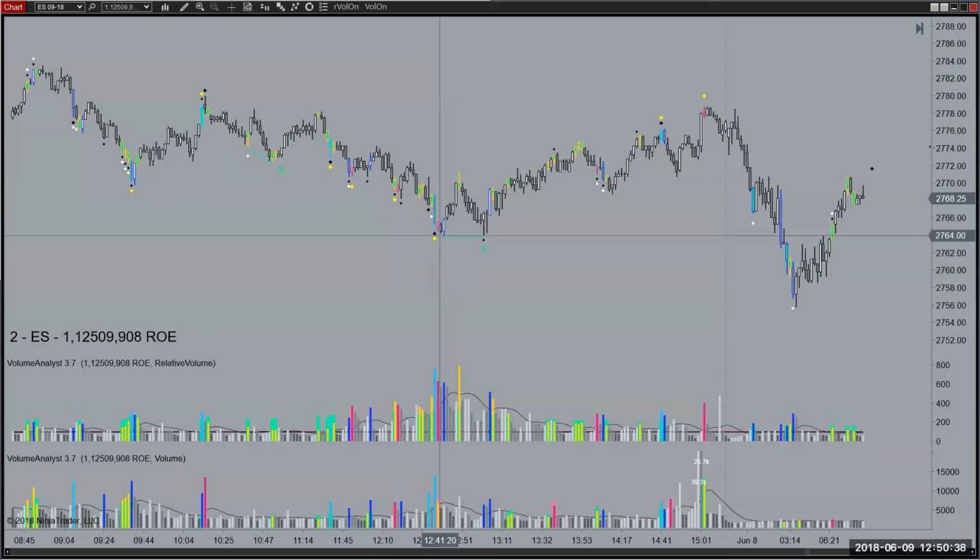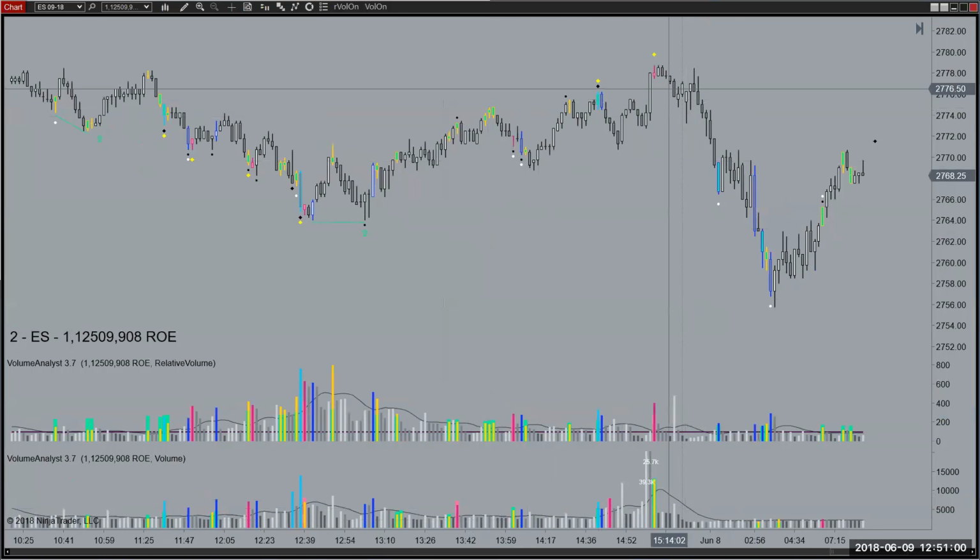But anyhow, that's the lunchtime low, and then here they take it up into the close. And see, the relative volume is going to tell you whether that's a normal close or a very high, exceptional close. You're always going to have very high total volume at the close, especially in the ES. But the relative volume will tell you to what degree, how large or small that is compared to the average.